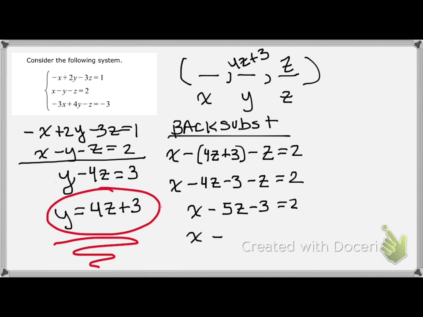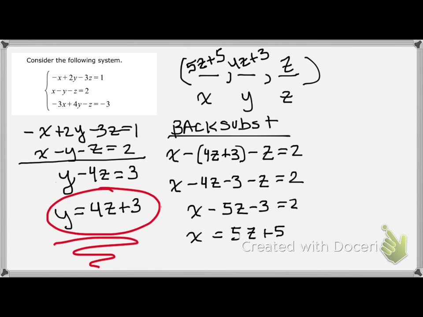And finally, x is equal to 5z, and we'll add 3 to both sides and get plus 5. So x is 5z plus 5. And that's the x part of our solution.